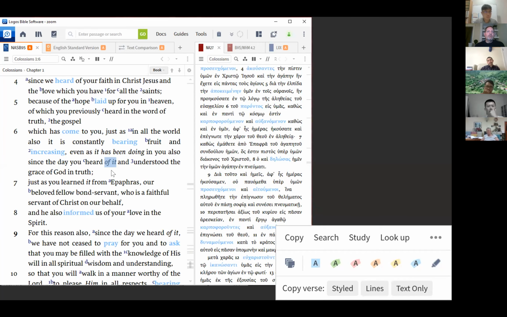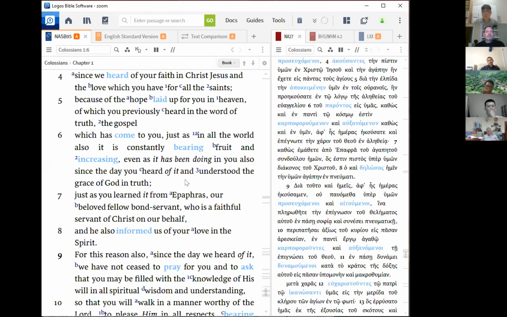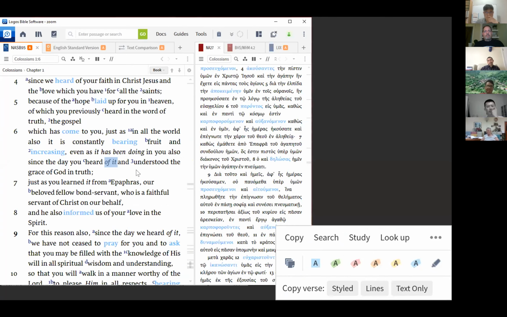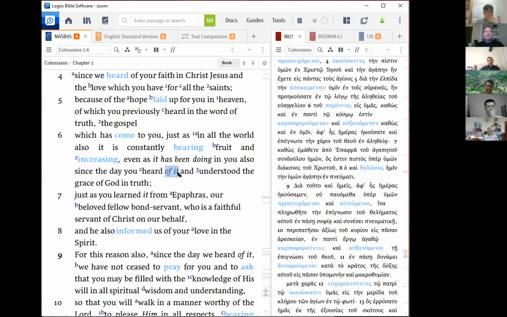Since the day you heard of it. So literally it's since the day you heard and understood the grace of God and truth. Okay, so when I see these, I ignore them because they're not in the original Greek, and so I just overlook them when I'm doing the diagramming.